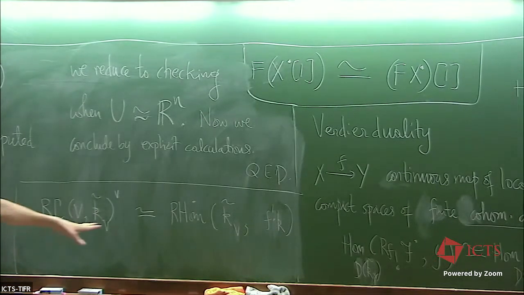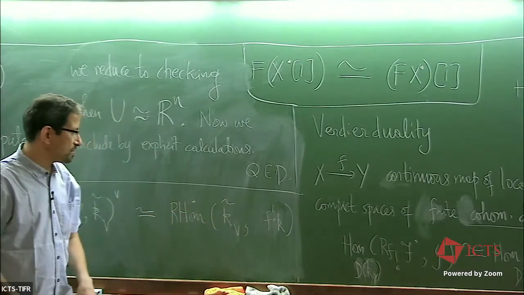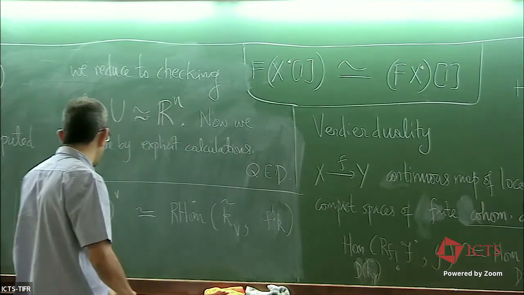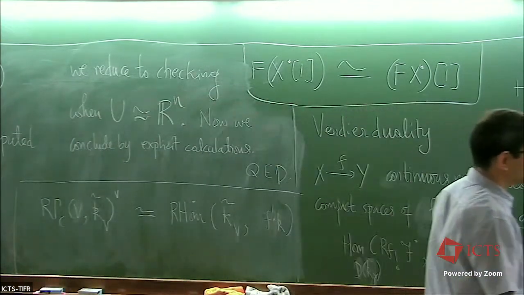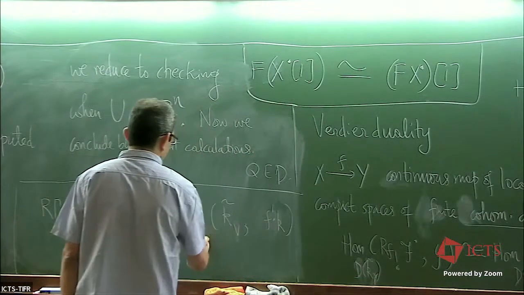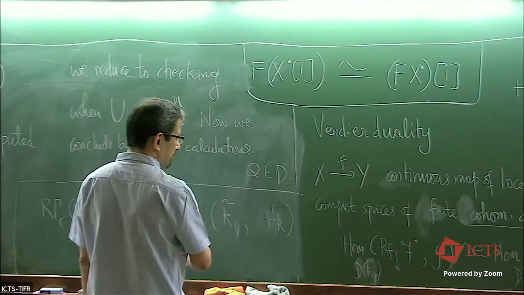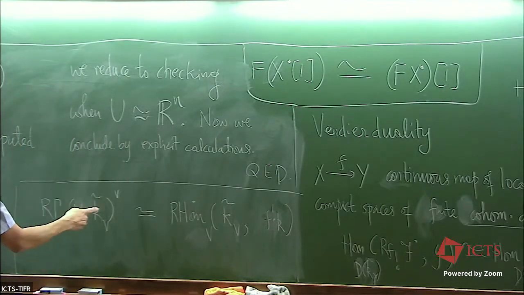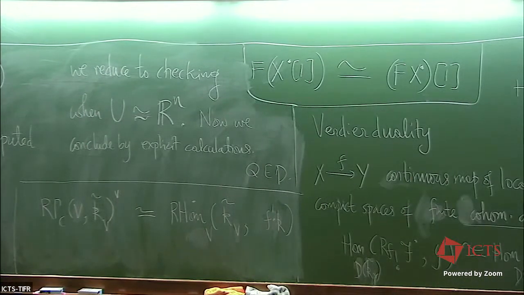If you just apply this statement, this side is giving you the cohomology of F upper shriek K, because this is just picking out the sections over the space V. And this side is just giving you cohomology with compact support of K tilde V. But we have already calculated that when V is isomorphic to Rn, only the nth one exists.